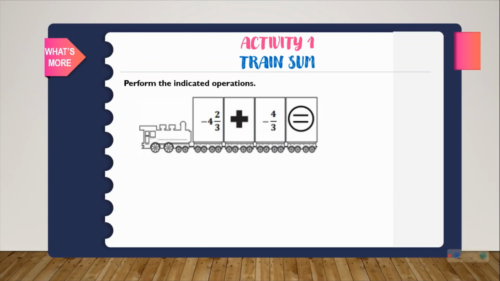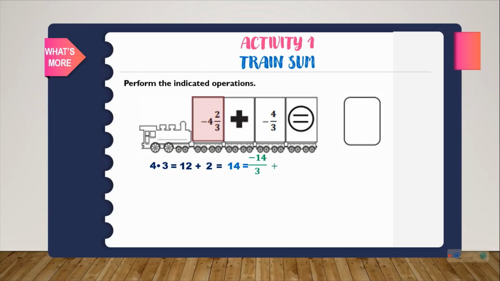Next, negative 4 and 2/3 plus negative 4 over 3. So, first, we will change this into improper fraction. So, negative 4 times 3 is equal to 12 plus 2, that is 14. So, negative 14 over 3.